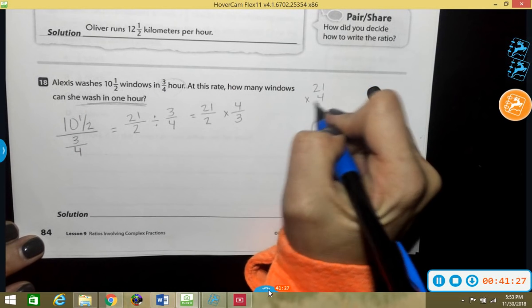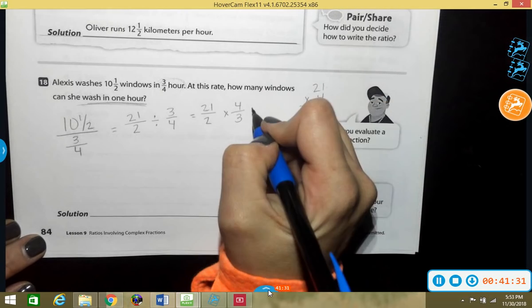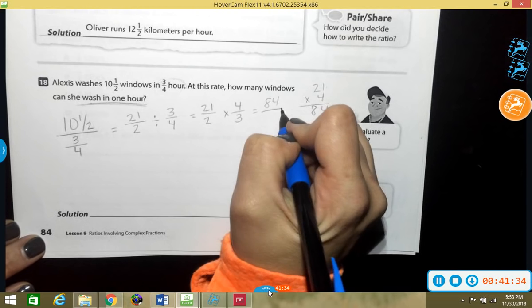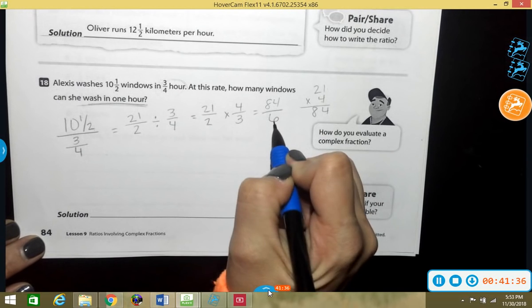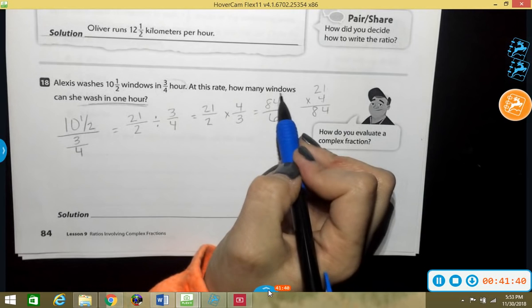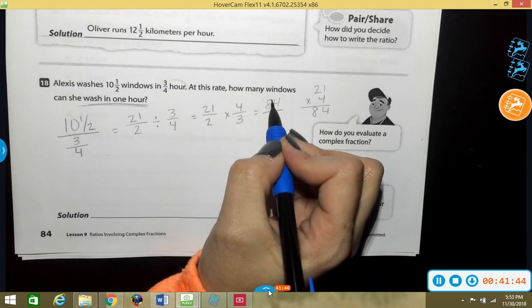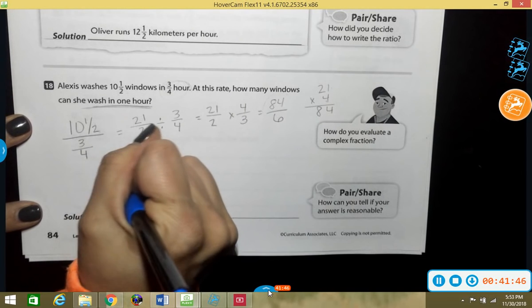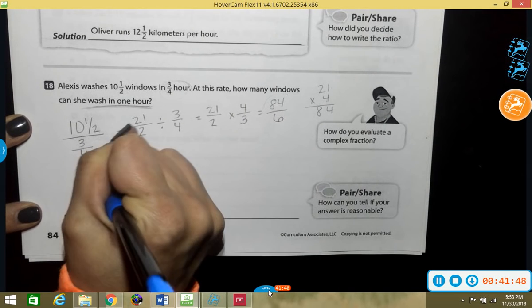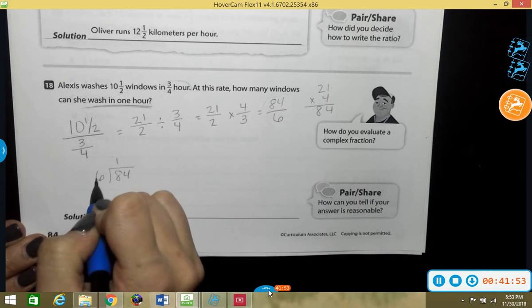We can just do the math over here. 21 times 4. 4 times 1 is 4. 4 times 2 is 8. So we have 84, and then 2 times 3 is 6. Now we have to simplify this. We can't leave it improper like this. So we take 84 and divide it by 6. 6 will go into 8 one time. 1 times 6 is 6.